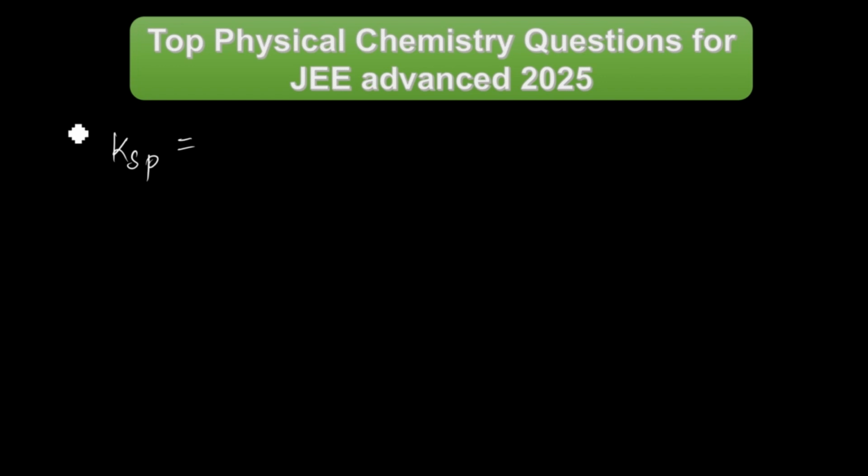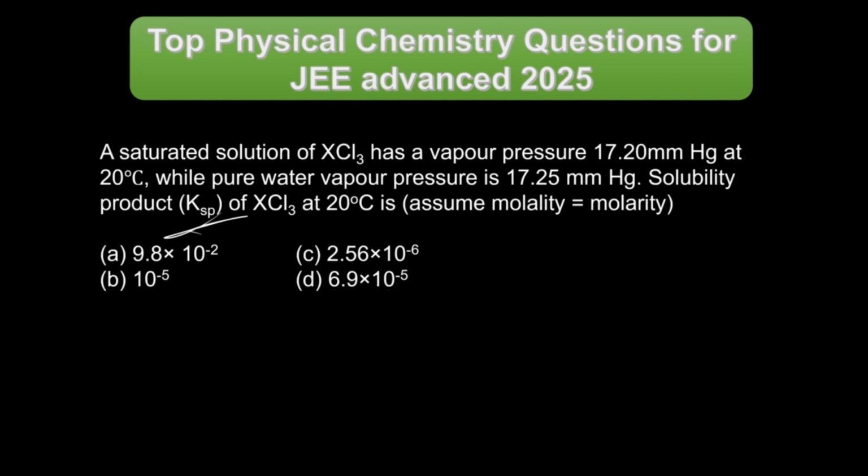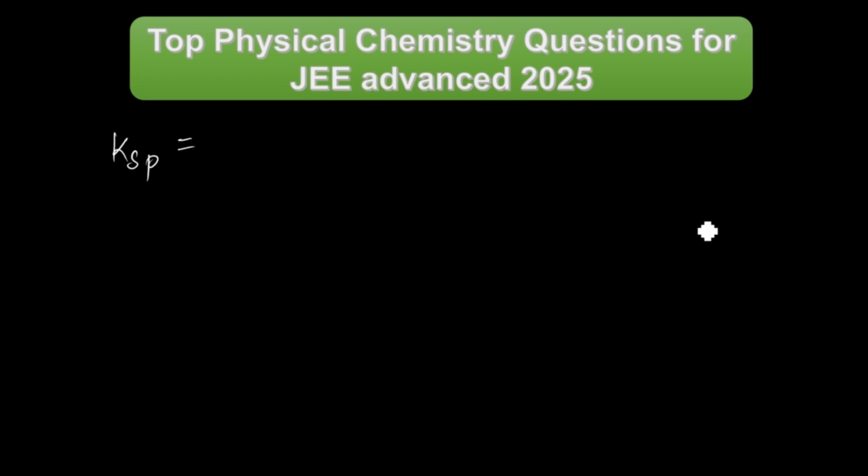So I am taking KSP of XCl3, isn't it? XCl3. So this will be going as a 3:1 ratio. So I already told you this type of problem, which will be 27 s to the power 4. 9 into 3, 27.